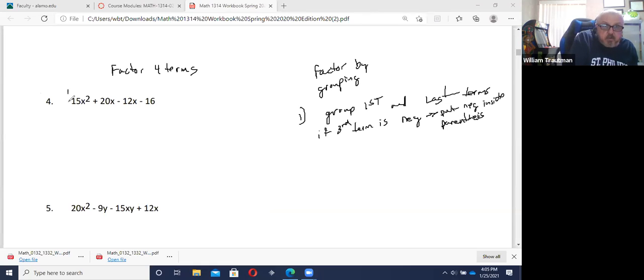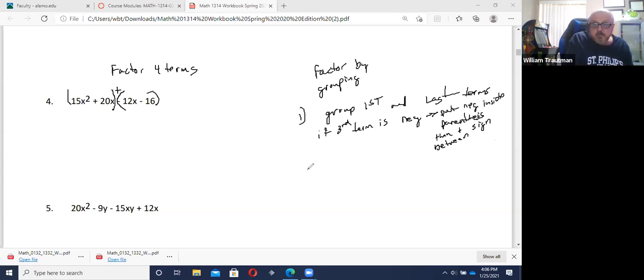So I'm going to group the first 2 terms, put parentheses, and you see the third term is negative, so I want to put it in the parentheses. But since these are all adding and subtracting, you have to put a plus in between the parentheses. A plus minus is the same thing as a minus. So if the third term is negative, put a negative inside the parentheses and then a plus sign between them, because they're really all adding. You might want to write that down.